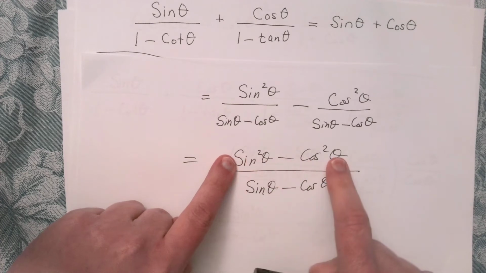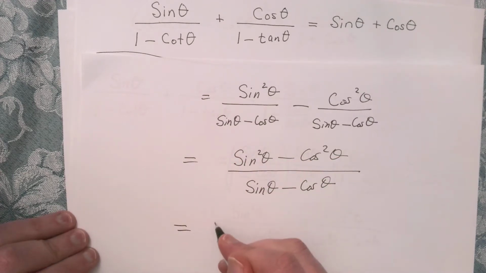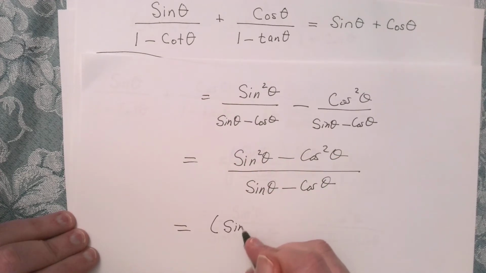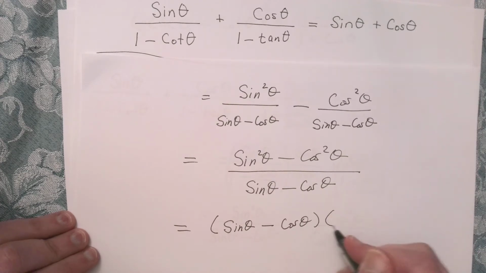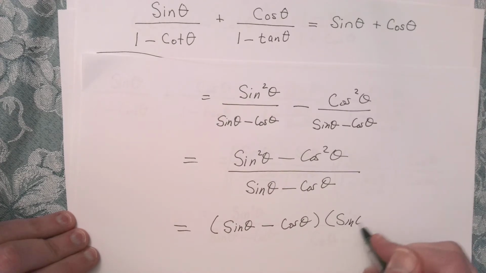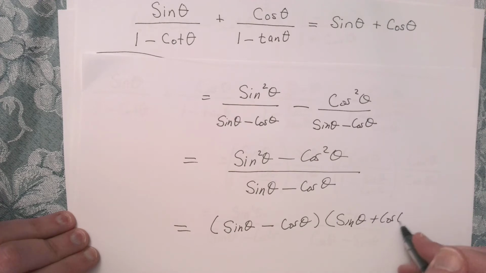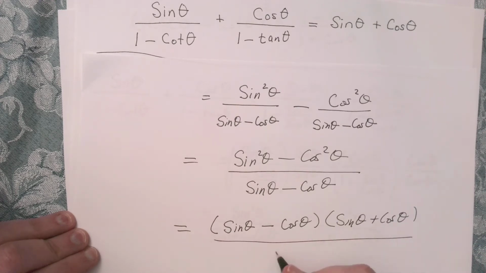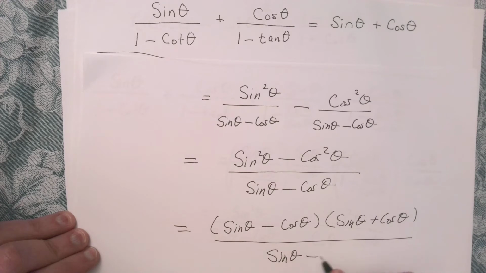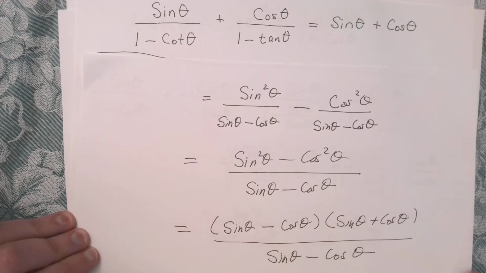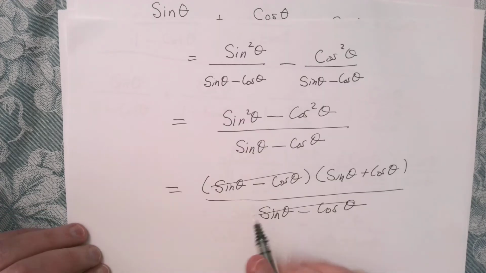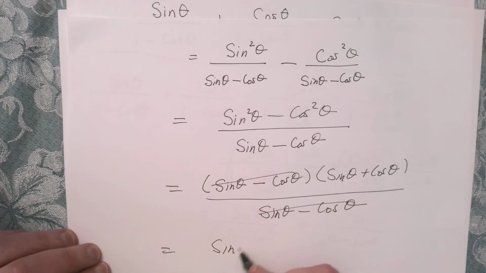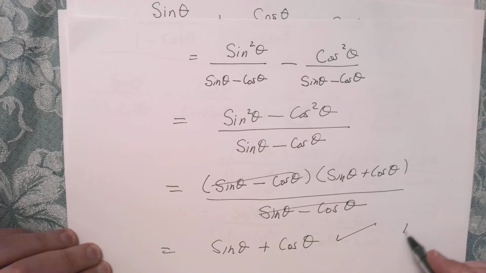So let's factor this numerator into sine of theta minus cosine of theta times its conjugate. Well, that seems nice because we've landed where we need to land, right? We've verified the identity.